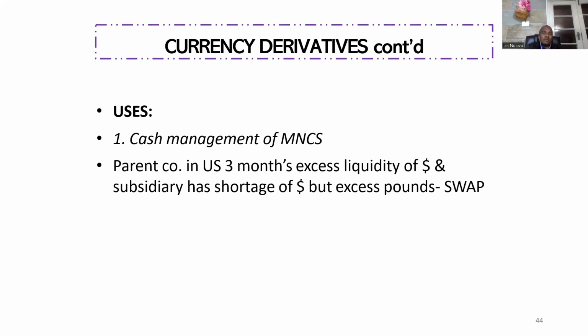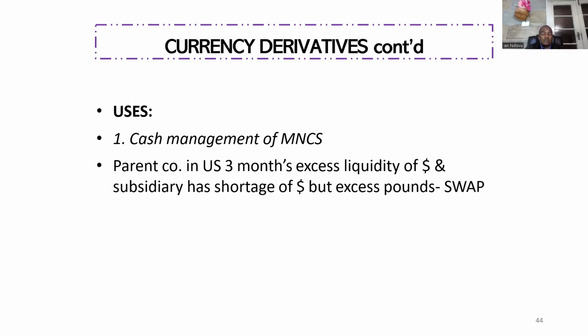What are the uses of these swap transactions, especially between central banks, or even just between banks in general? They are used as a strategy of managing cash by multinational corporations. The parent company in the US has three months' excess liquidity of dollars, and the subsidiary has a shortage of United States dollars but excess pounds.